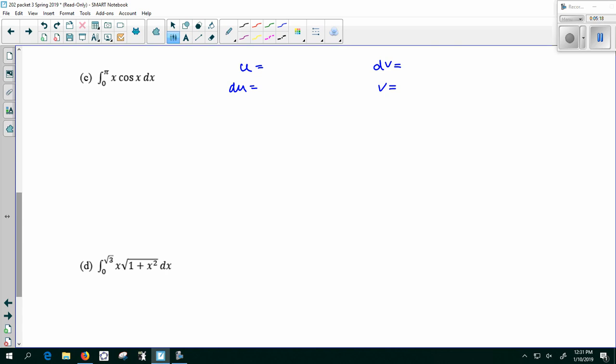I'm going to make dv cosine x dx, because that is more complicated than x, and I can still integrate it. And that means that u is just the x. Now I calculate du and v. So du is going to be the derivative of x, which is 1 dx. And then v is the antiderivative of cosine x, which is sine x.